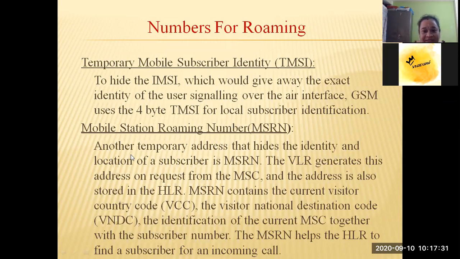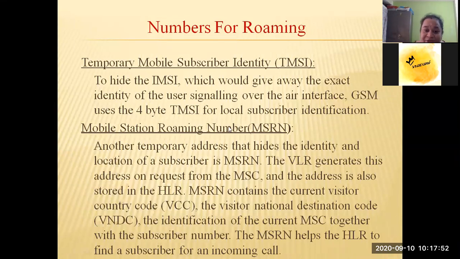And coming to the MSRN, this is a temporary address which hides your exact location. That is, the TMSI gives you the exact location, whereas the mobile station is hidden by using this mobile station roaming number, which is temporarily allocated from the MSC, right?